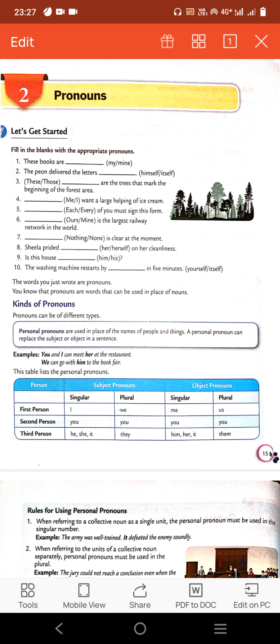All these words are singular subject pronouns, third person, and they is plural third person plural pronoun, subject pronoun. Now see here, object pronouns are singular me and plural us. Singular you and plural is also you. Him, her and it are singular object pronouns, and them is plural object pronoun.